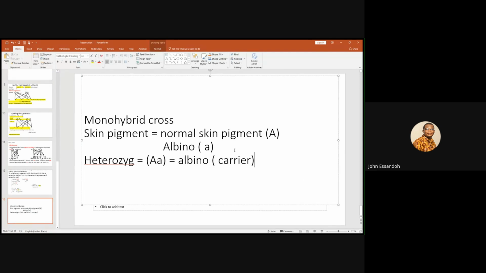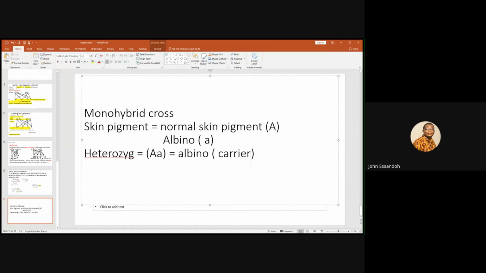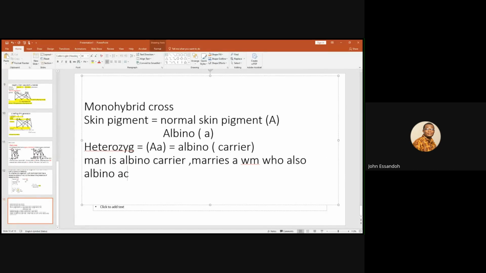Okay, so now let me ask you this question. A man who is an albino carrier marries a woman who is also an albino carrier.